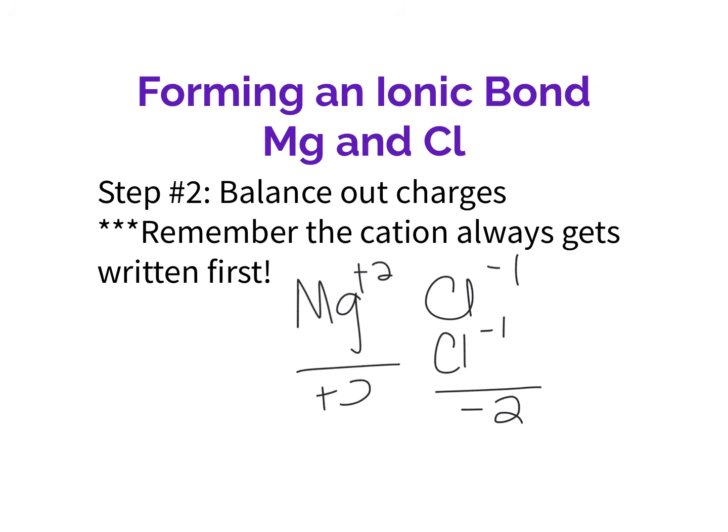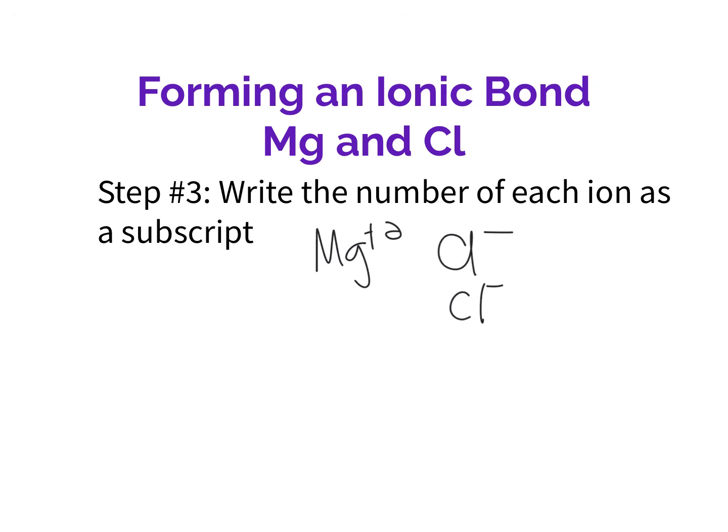Our charge here is a +2. So we're balancing out our charges. Our next step is to write the number of each ion as a subscript. So we have 1 magnesium, we have that invisible 1, and then we have 2 chlorine ions, so it'd be MgCl2.